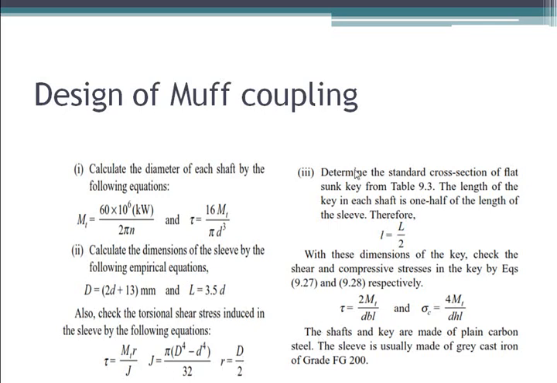The next step is determine the standard cross section of the flat sunk key from the table 9.3. There will be the cross section values for flat sunk key, the design values. From that we have to select the dimensions of the key.